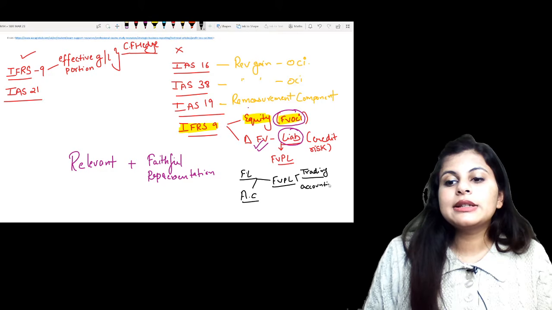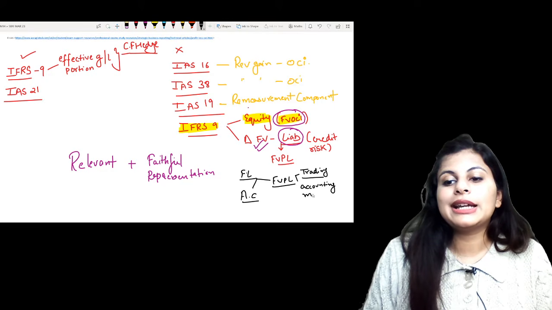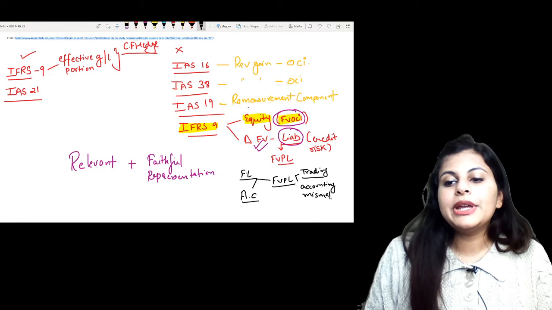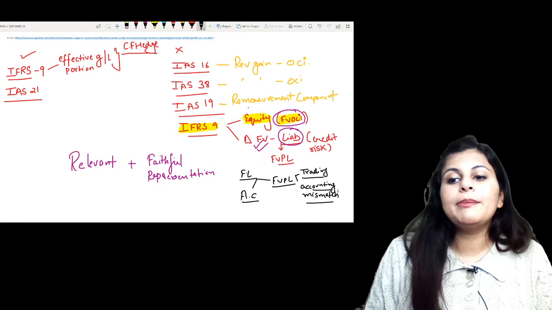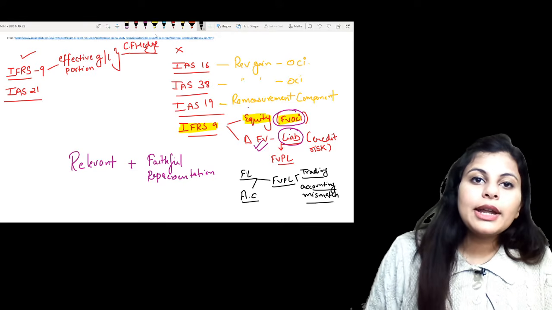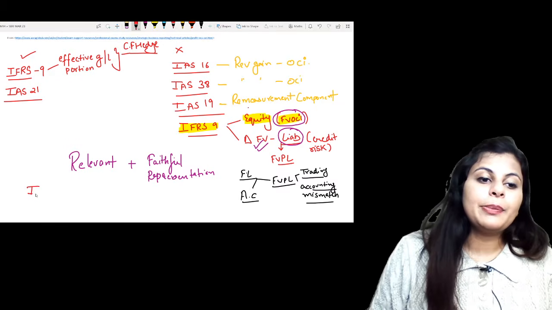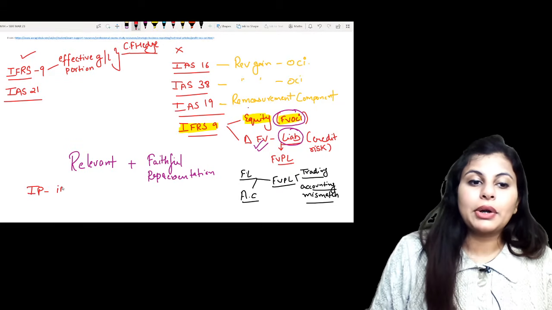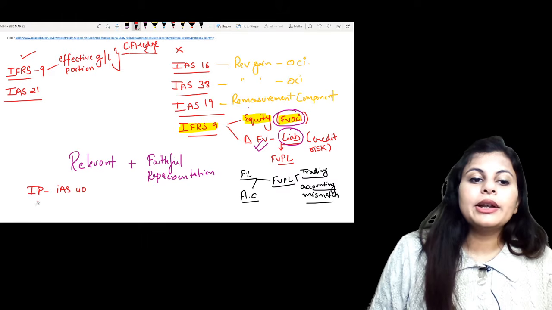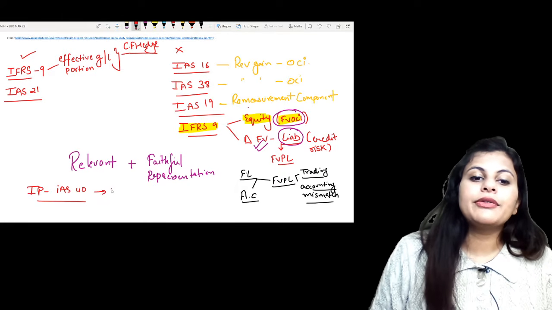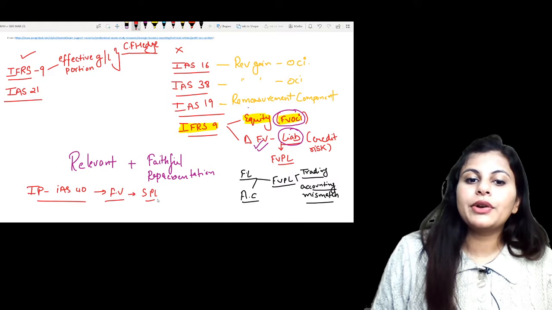So let me discuss another aspect of this technical article with you, the meaning of accounting mismatch. Accounting mismatch means, for example, investment property under IAS 40. So you bought an investment property and you keep it under the fair value model. So you are taking the gains and losses through the statement of profit and loss.